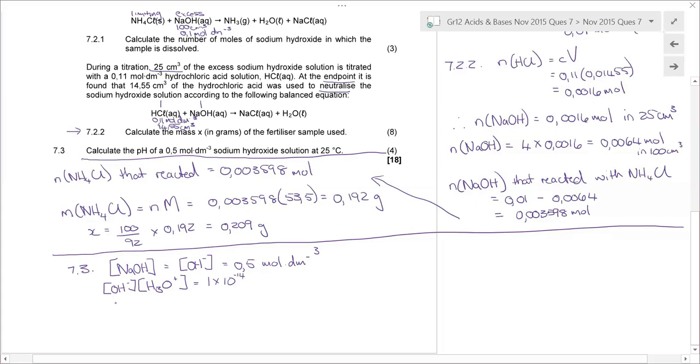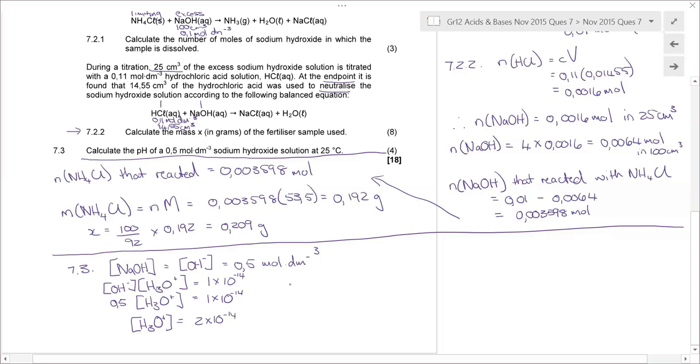We've got the hydroxide ion concentration, 0.5. I want the hydronium ion concentration because that goes into your pH equation. So the hydronium ion concentration in this case is going to be equal to 2 times 10 to the negative 14.